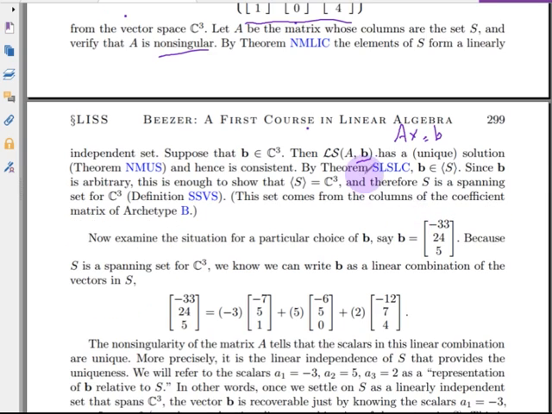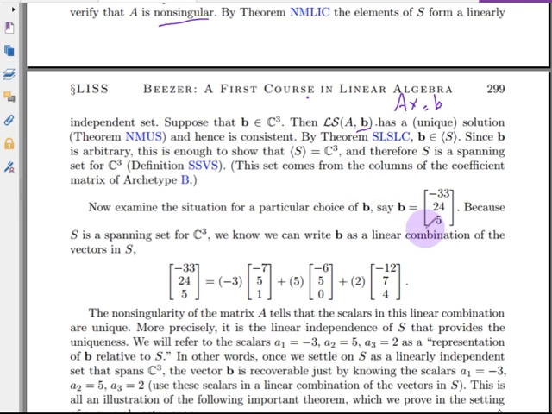Okay, so let's go on with this particular choice of B. Since S is a spanning set for C3, we can actually write B as a linear combination. It turns out that the result is this.